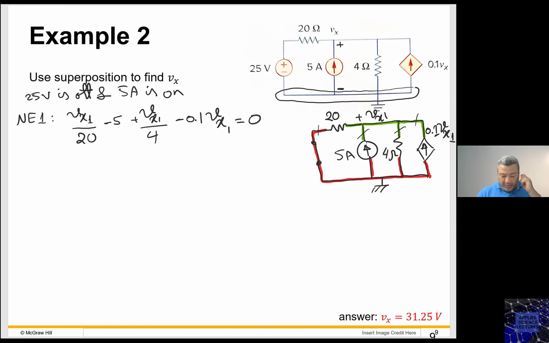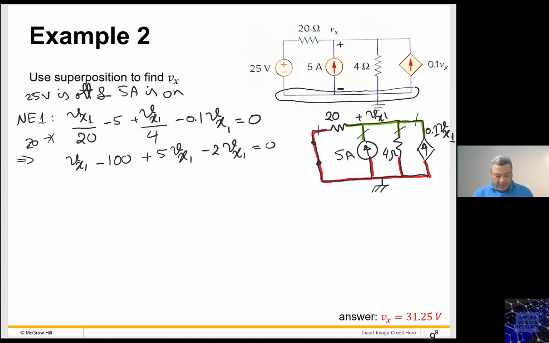If you multiply by 20, Vx1 minus 100 plus 5 Vx1 minus 2 Vx1 equals to 0.